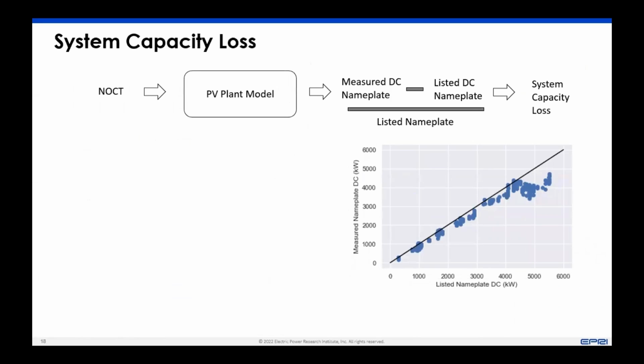We used a slightly different way to calculate performance. A lot of people use the performance ratio, and we use a different way. We use our model, and normalize to the so-called measured DC nameplate, basically translated to standard test condition. What is measured, we subtract from the listed DC nameplate, and we call it system capacity loss.